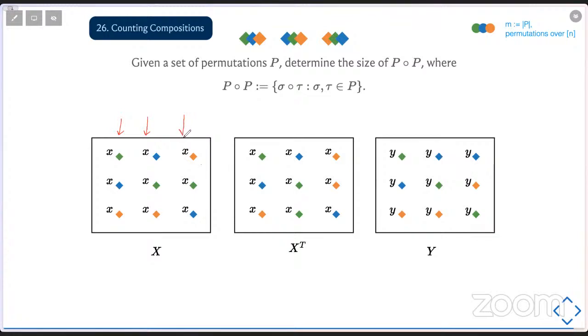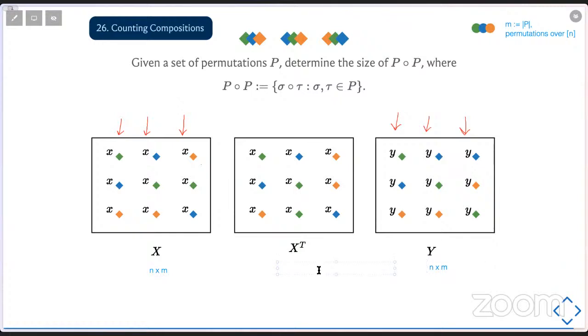So I'm going to have M columns and N rows in both X and Y. I should have really done this with actual numbers, so sorry about that. But for some time I was just fascinated with little colored boxes. The dimension of X is N times M: N rows because these are all permutations of 1 to N, and M columns because I have 1 column for every permutation in P, and there are M permutations in P. So Y is also an N by M matrix.